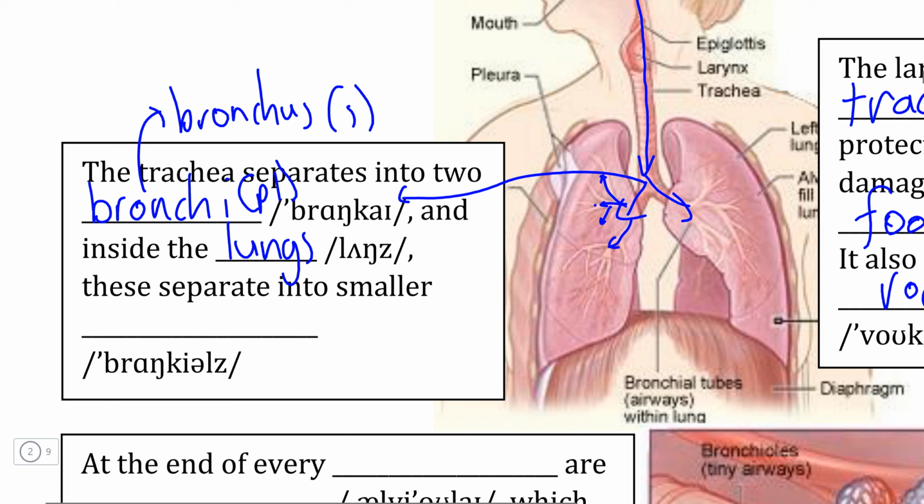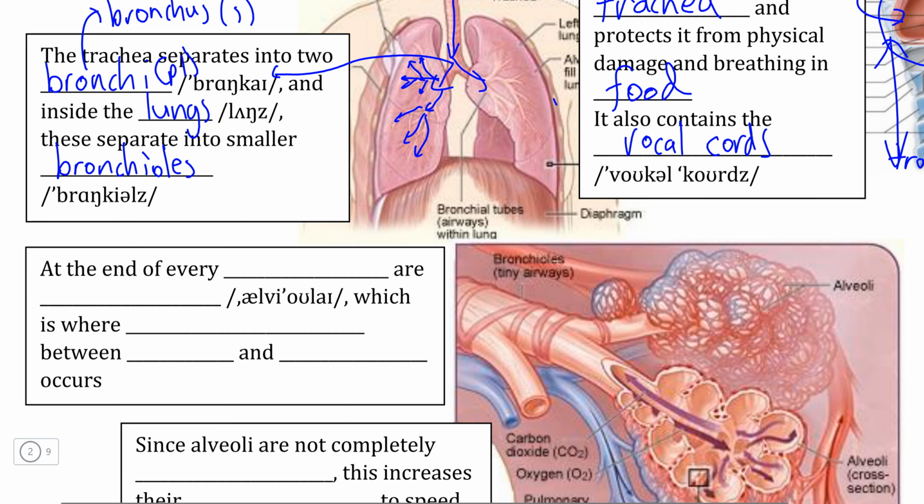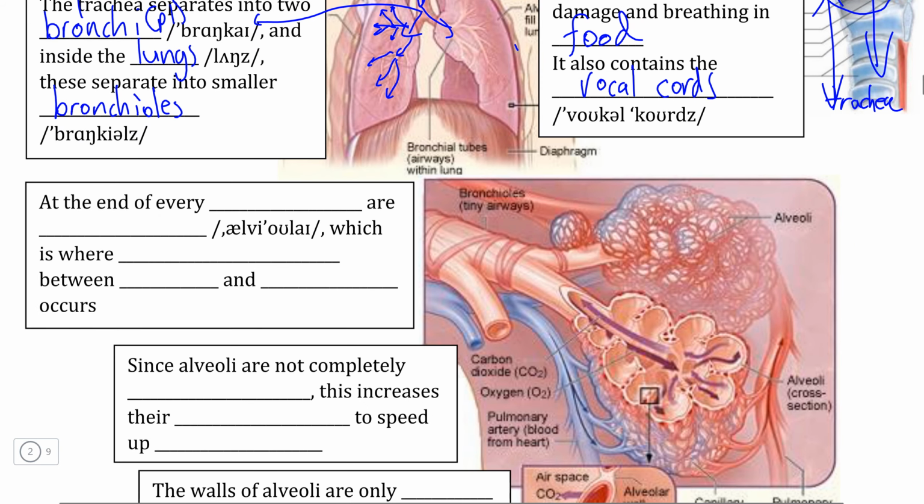And if we follow your bronchioles, so if we trace the pathway that your air takes, eventually we're going to get to near the outermost layer of each of your lungs. And at the end of every one of these small air tubes within your lungs, here we get to these unusual grape-like structures, which collectively are what we call your alveoli. So again, alveoli is the plural form of this word, and the singular form is pronounced alveolus.